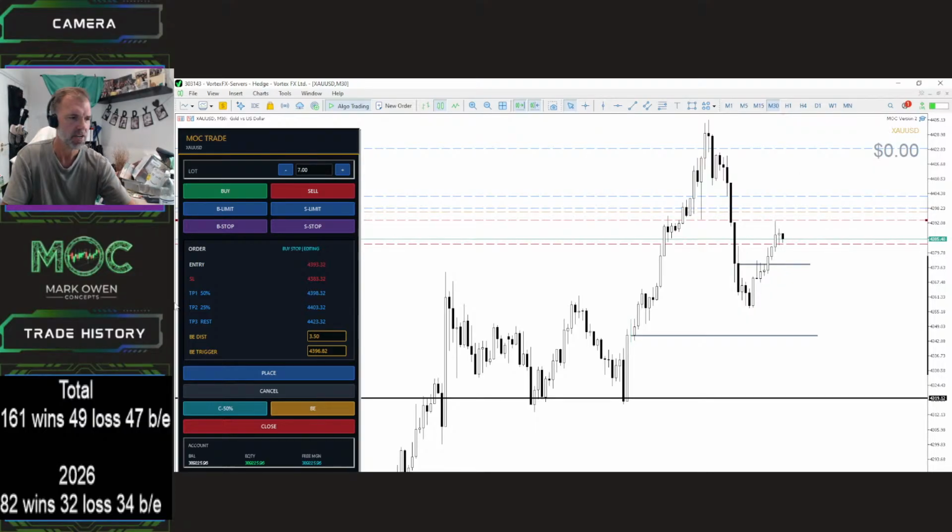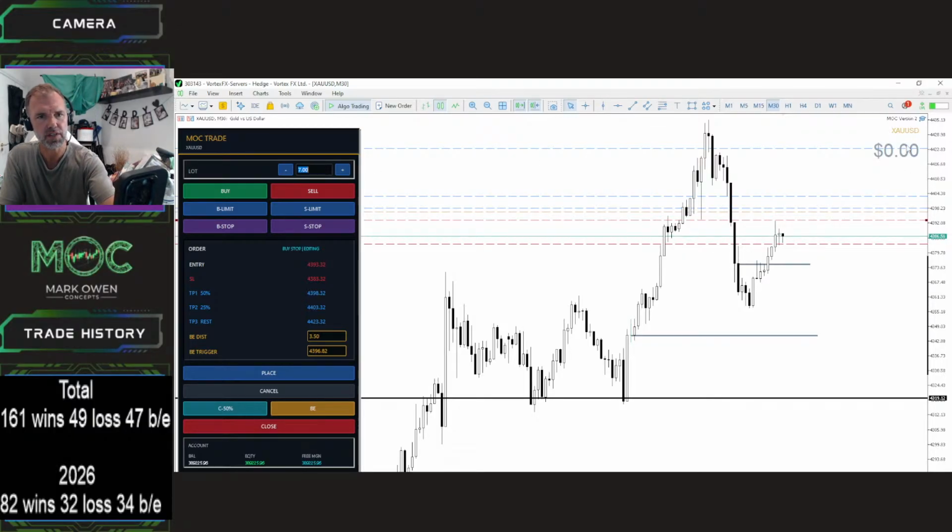Throughout that, you will be able to click the close 50%, which is here. You'll be able to move your stops to break even if you don't want to use the 35 pip break even rule. You can buy at market, sell at market up at the top, and then the volume up here, you change it to the lot size that you want to trade. And when you're in a trade, over on the top right hand corner, you'll see a dollar amount.